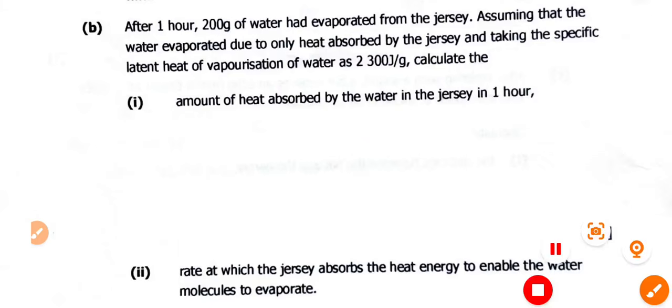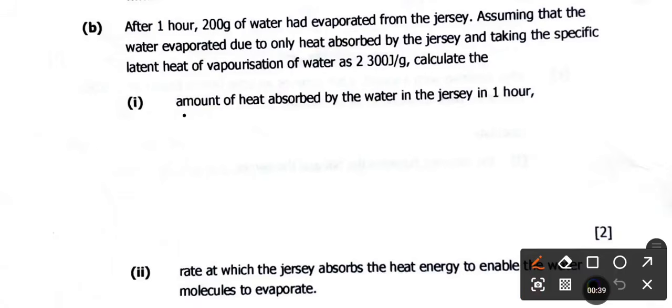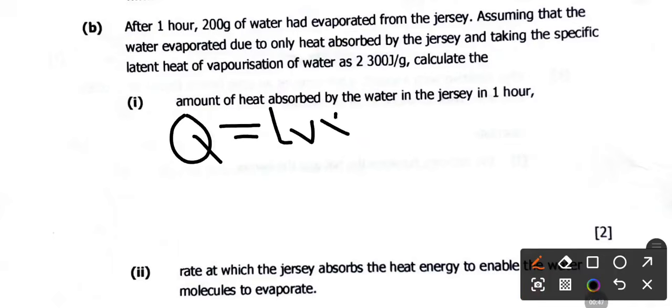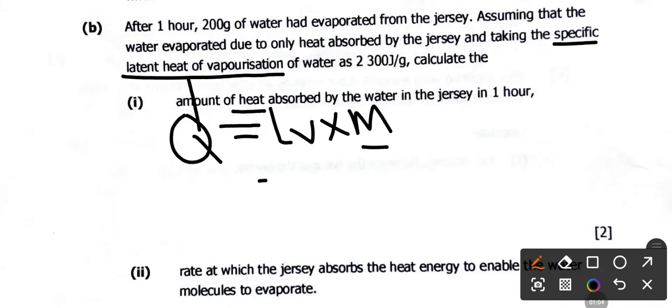Okay, so to calculate the amount of heat that is absorbed by the jersey in an hour, we'll use this formula. Q is equal to Lv multiplied by m. Q represents the heat energy, Lv represents the specific latent heat of vaporization, and m represents the mass of the water.